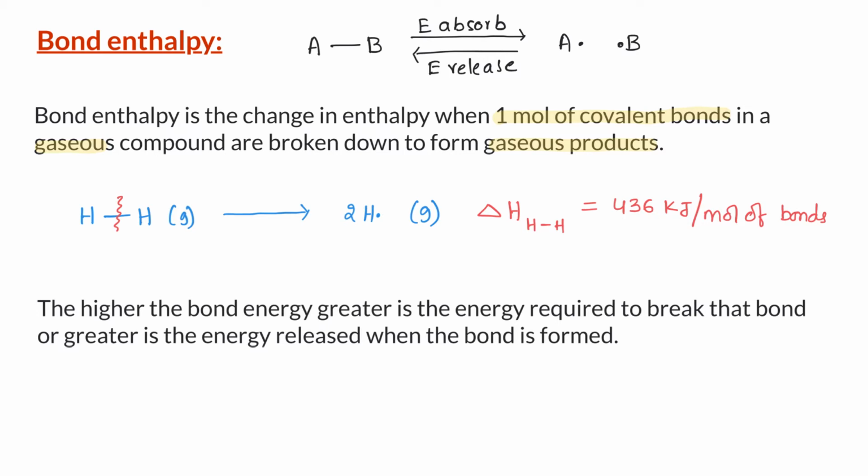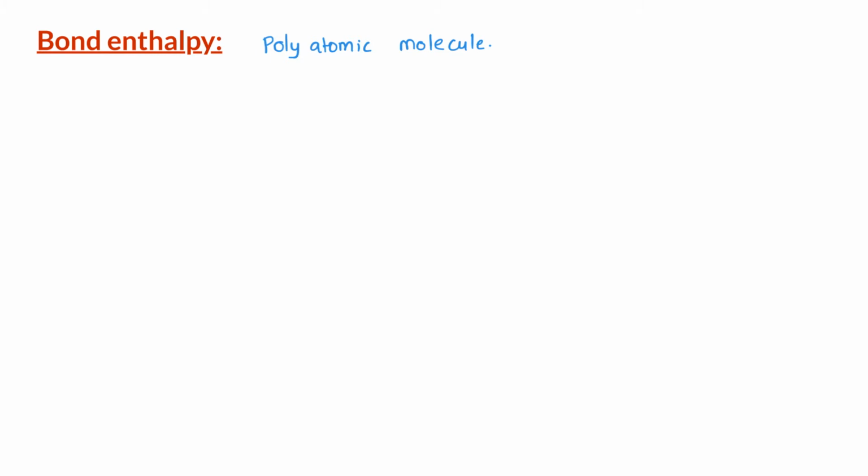For polyatomic molecules, it would be a little bit different. For example, let us consider the following reaction in which 1 mole of methane gas is converted to 1 mole of carbon and 4 moles of hydrogen atoms in the gaseous form.